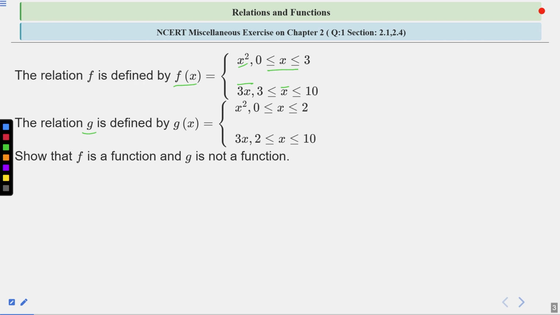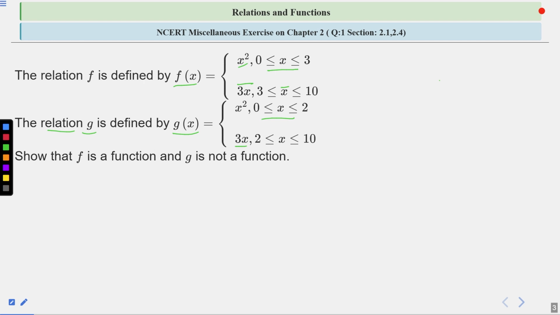We have another relation g, defined as g(x) = x² whenever x is greater than or equal to 0 and less than or equal to 2, and g(x) = 3x whenever x is greater than or equal to 2 and less than or equal to 10.